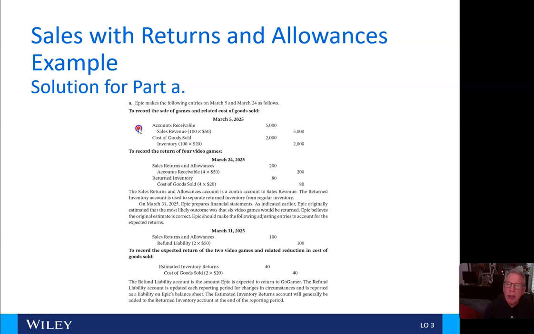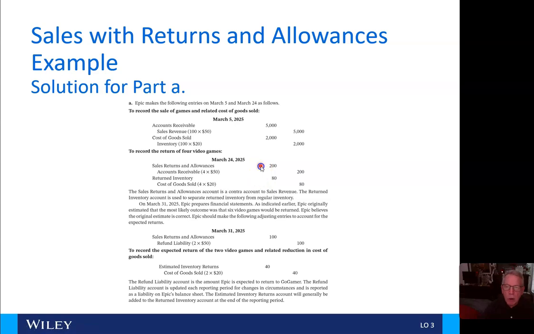They're recording the sale of the games here, $5,000, 100 units times $50, and the cost of goods sold. Pretty standard journal entries there. But when they returned 4 video games, there were 4 at $50, the cost was $20.